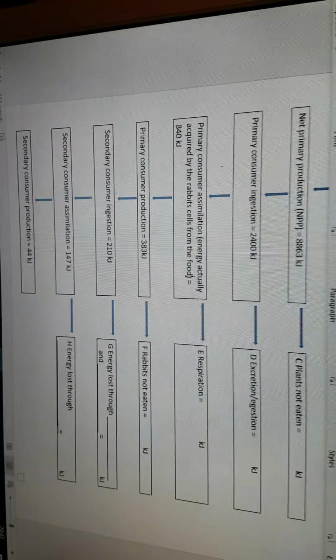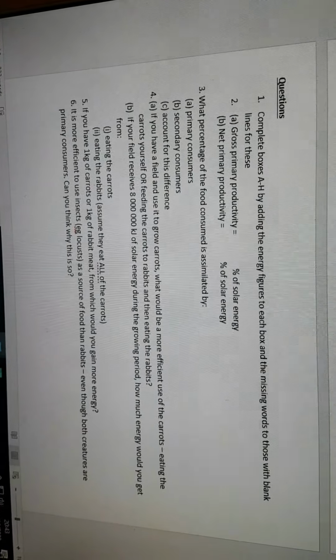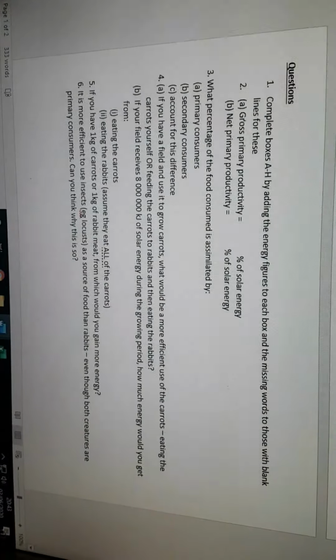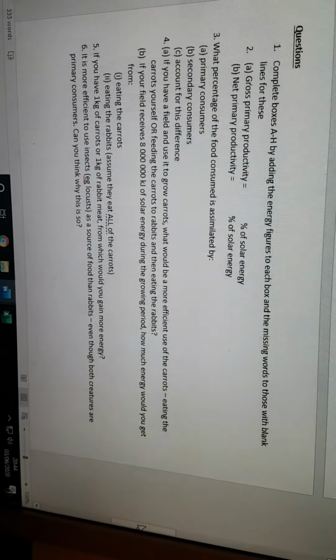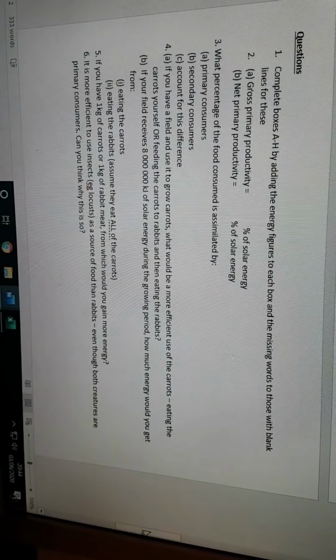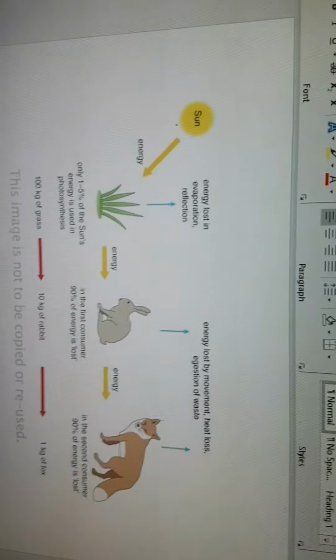Only that much will produce new biomass. The rest, again, is lost through respiration. And as you can see up here, and again, I've sent you this document, you have some follow-up questions there with some lovely maths work on them.